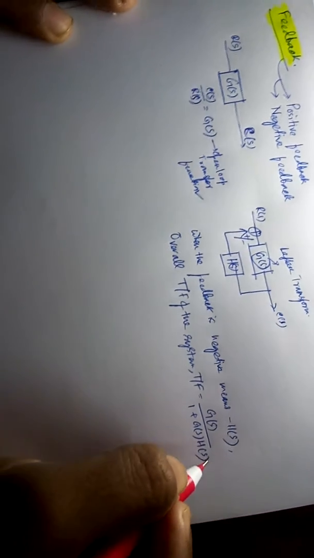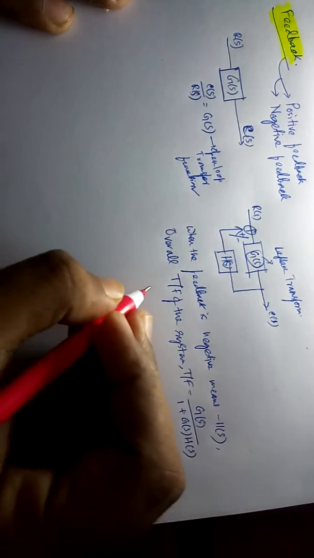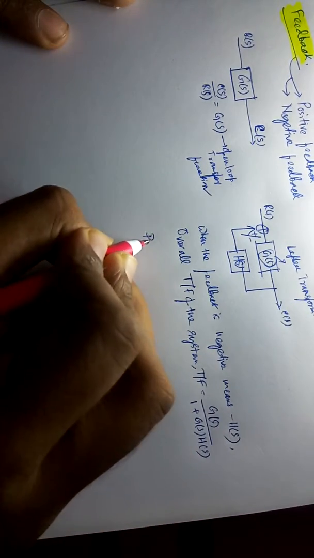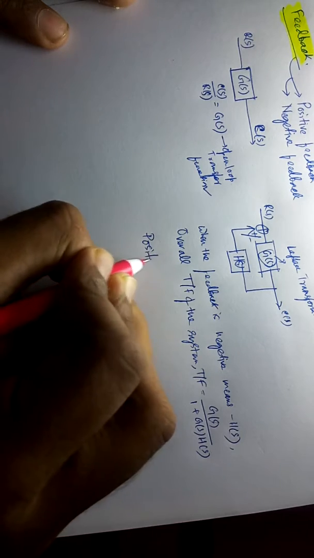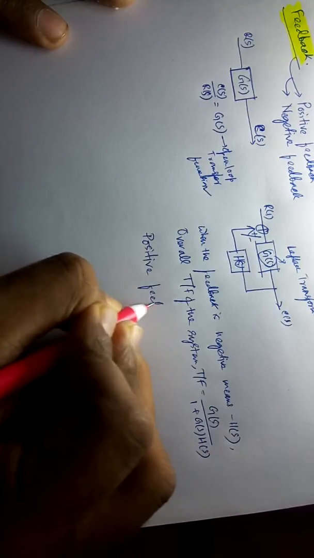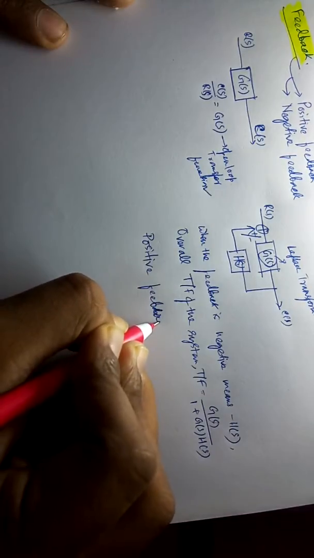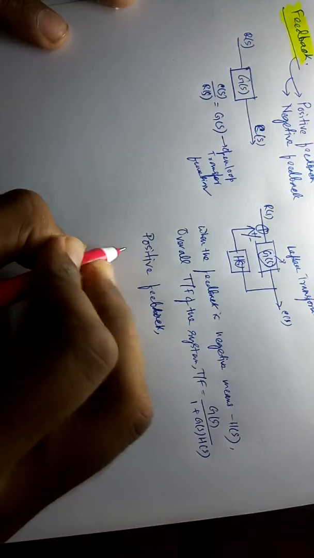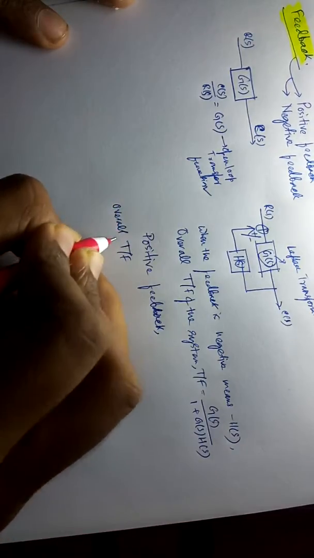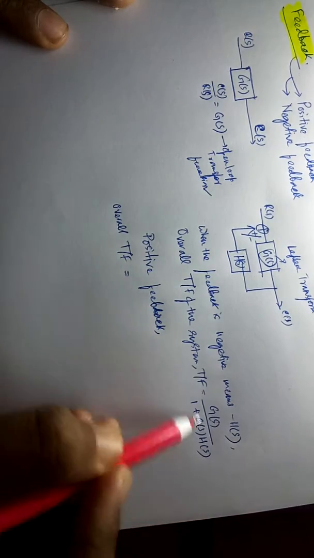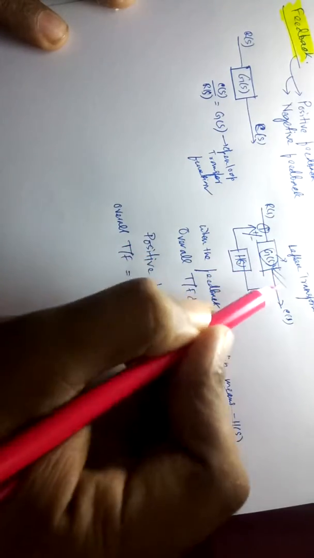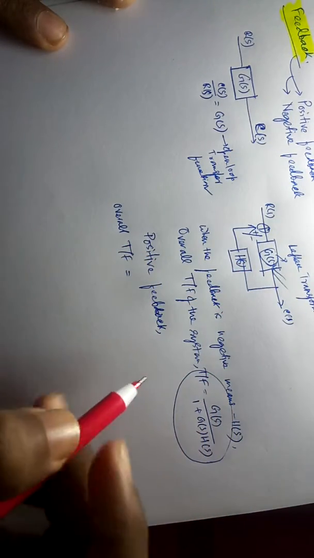Very easy to understand. And if the feedback is positive, then the overall transfer function, remember this is the overall transfer function, and only G(s) is actually the system transfer function, right?